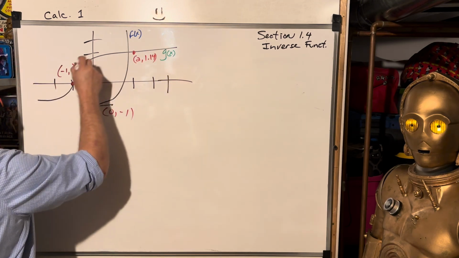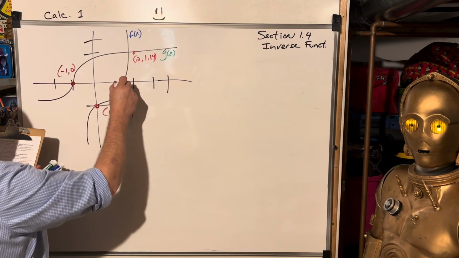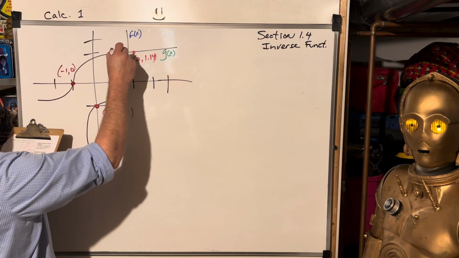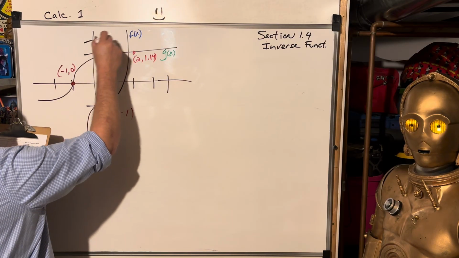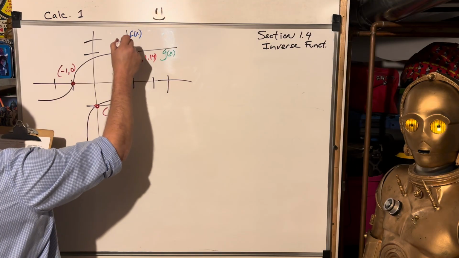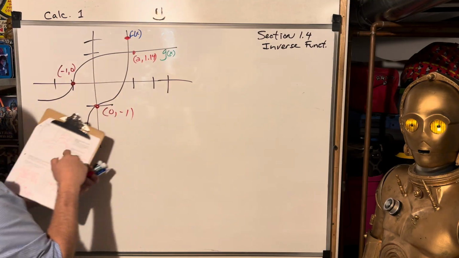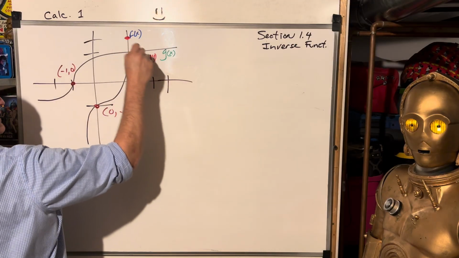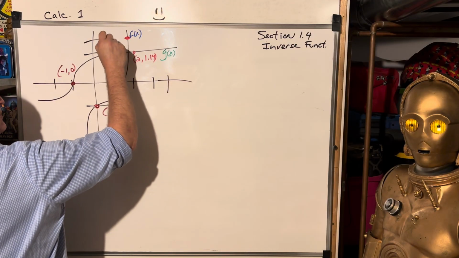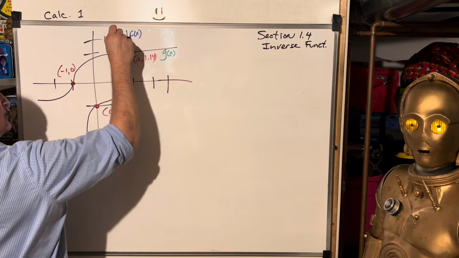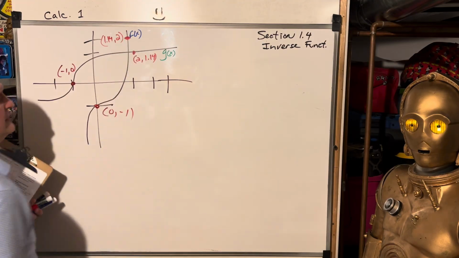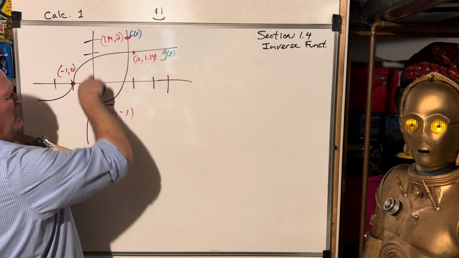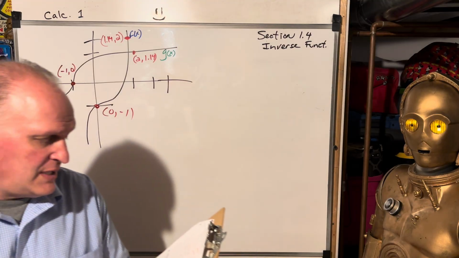And then on this one, it's going to be 1.14 comma 2. So I didn't do a great job of spacing it out. It's spaced out better on your actual picture. But I'm just switching those two around. 1.14 comma 2. So I got the 2 part right. The 1.14, both of those are a little wonky.